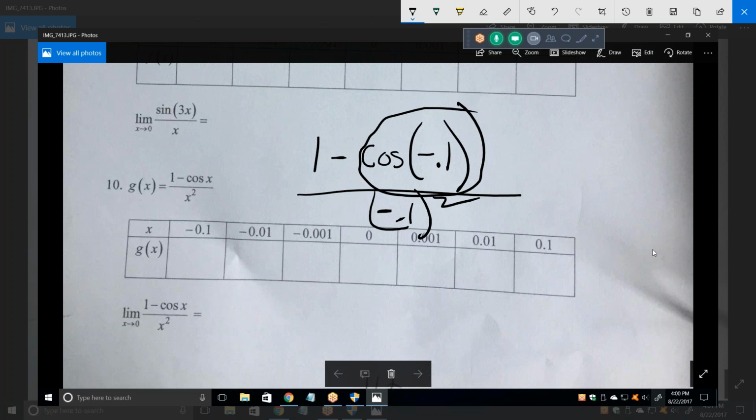Okay, so I got negative 0.4998. Negative what? Negative 0.4. Oh, wait. I made a mistake with my parentheses. Just do the numerator only. Tell me what the numerator is. 1 minus the cosine of negative 0.1.